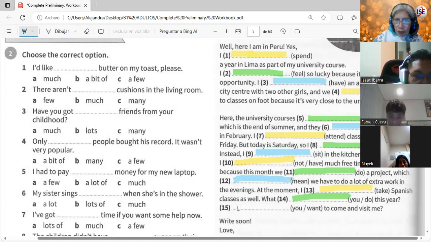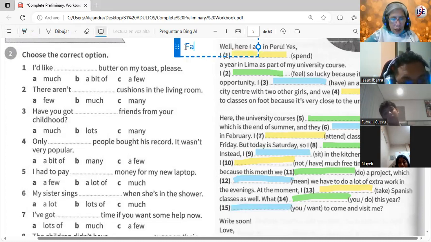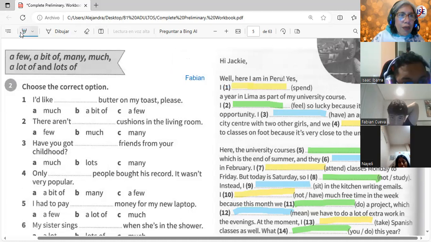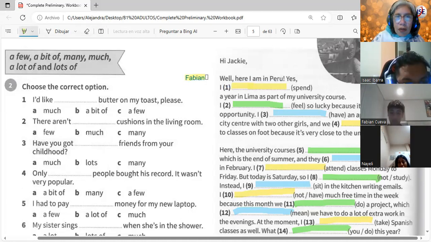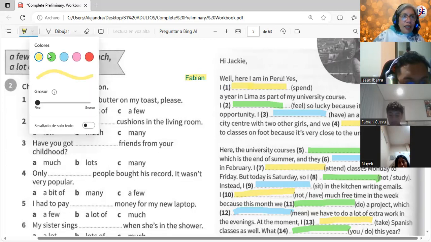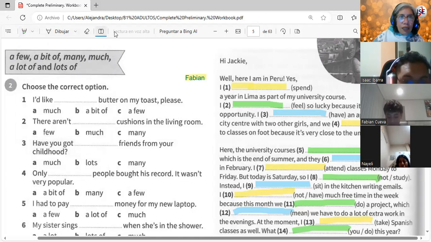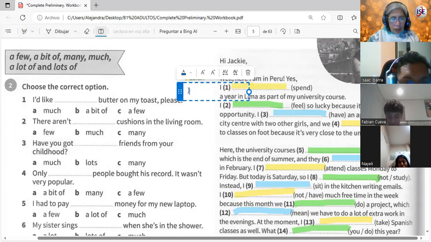Okay, you have the verbs in parentheses and you are going to decide to use simple present or present progressive. So Fabian will be yellow. Isaac is going to be green.